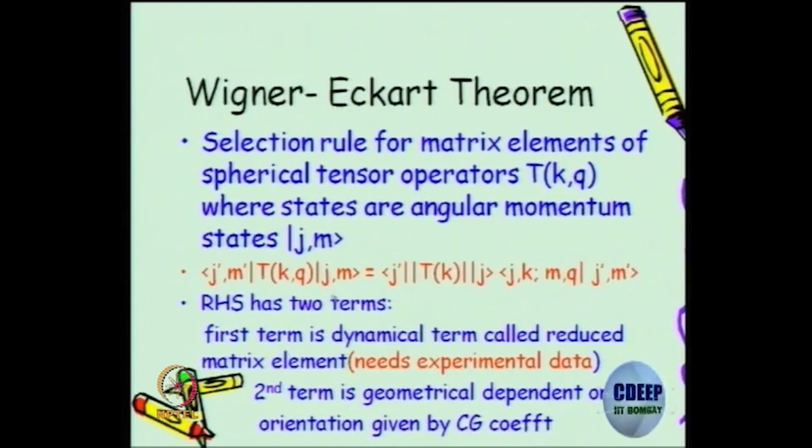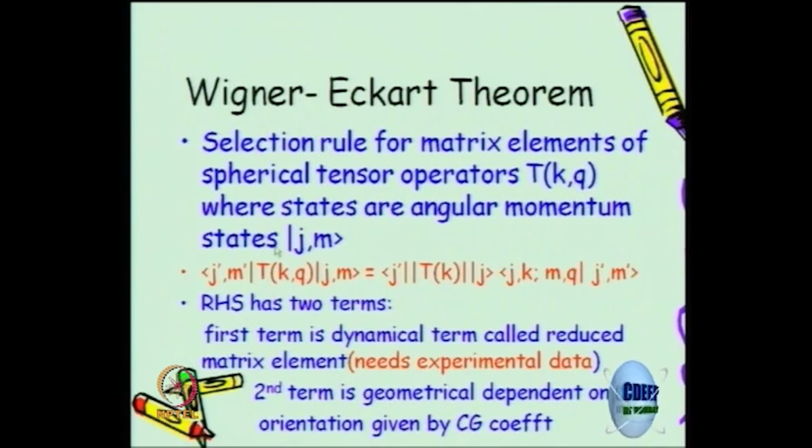So for scalar, for example, suppose this is a scalar operator, what can we say? M has to be M dash. Only diagonal elements are possible in those matrix elements. That's it. M has to be M dash. And similarly for vector operators, suppose I put M dash as M plus 2.